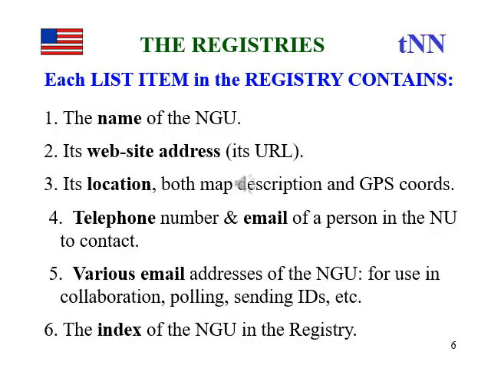Telephone number and email of a person in the NGU to contact. 5. Various email addresses of the NGU, that is, for use in collaboration, for polling, for sending information dispatches, and so on. And 6. The index number of the NGU in the registry.